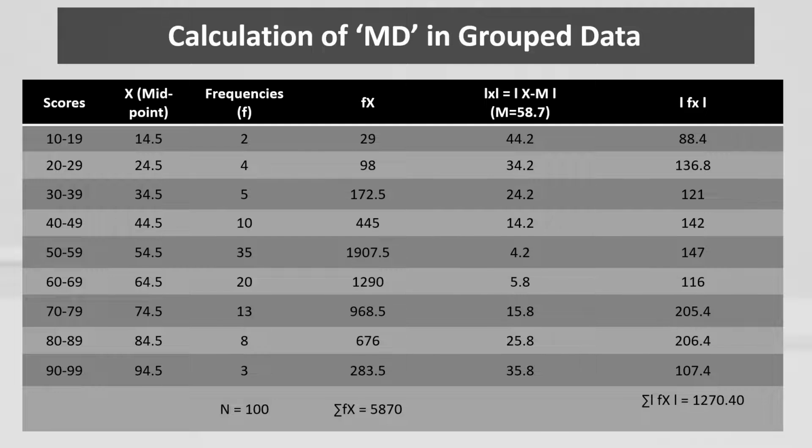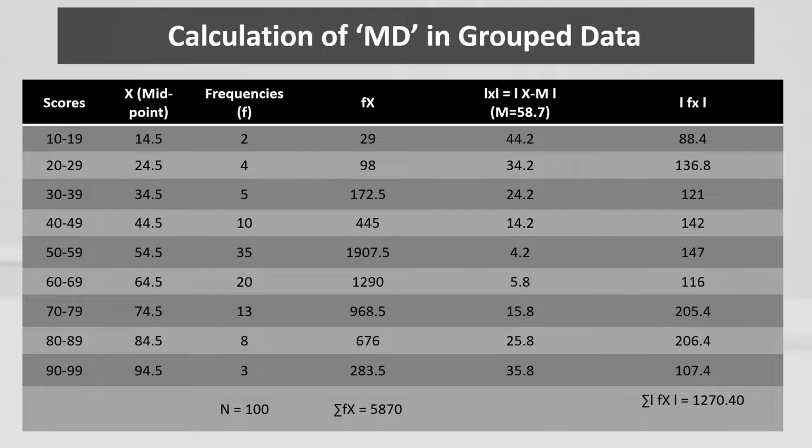So 10 minus 14 is minus 4. But in our formula, I have already explained that this is summation of modulus of x. When we give two lines on both sides for modulus, it means irrespective of sign. So though it is a minus sign, it will be considered only positive, that is only 4.